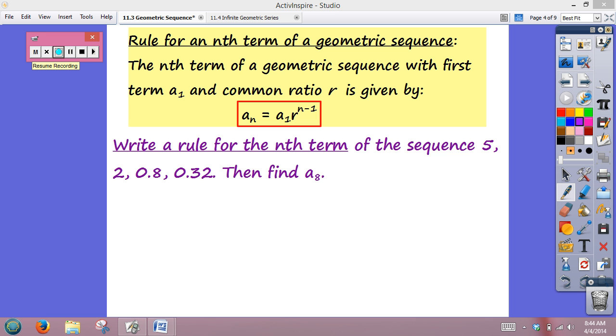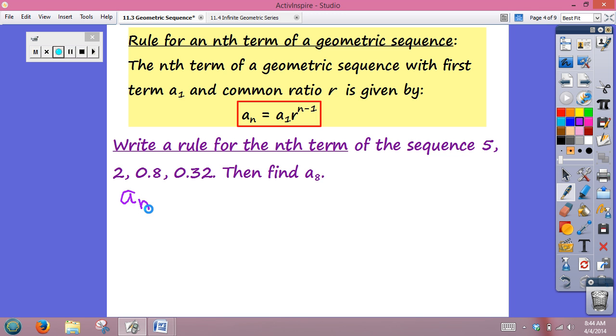So we'll begin by writing down the equation that we are given to determine the rule for the nth term, and this is a sub n equals a1 times r to the n minus 1 power. Notice that we are trying to find an, so that will just stay an. We know the first term, a1, is 5, but we are missing the r, so that's what we need to find.